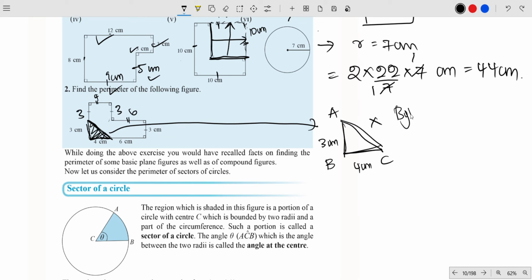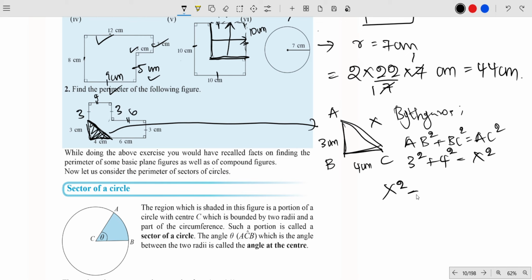So by Pythagoras, we know that AB squared plus BC squared is equal to AC squared. So what is AB squared? 3 squared plus BC squared, 4 squared, is equal to AC squared, which I am taking as x squared, since I don't know the value.